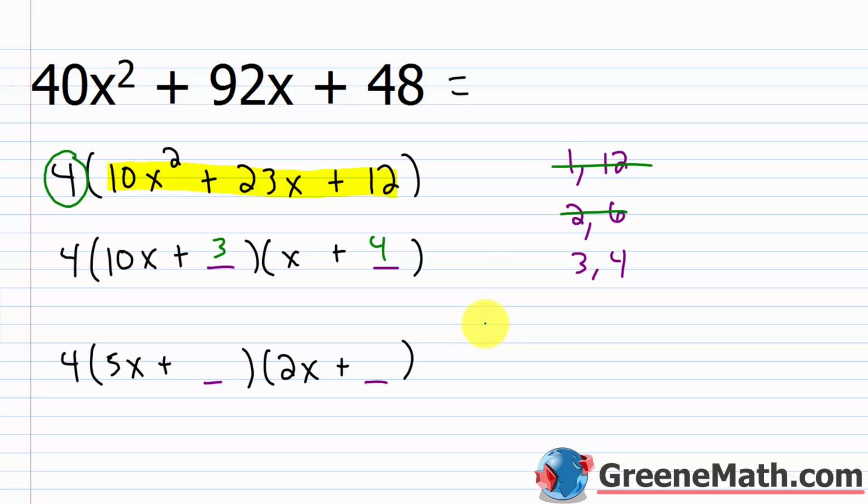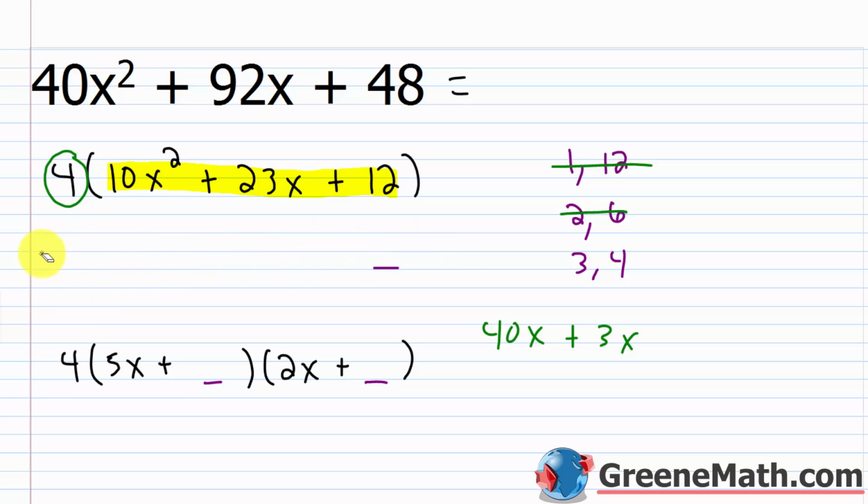The outer would be 40x, and you know this is going to be too large now because the inner is plus 3x. That would give me 43x, and I'm looking for 23x. So this scenario, where 10x and x are your first terms for each binomial, is not possible. So you can go ahead and eliminate that, and we're only going to be working with this scenario now.